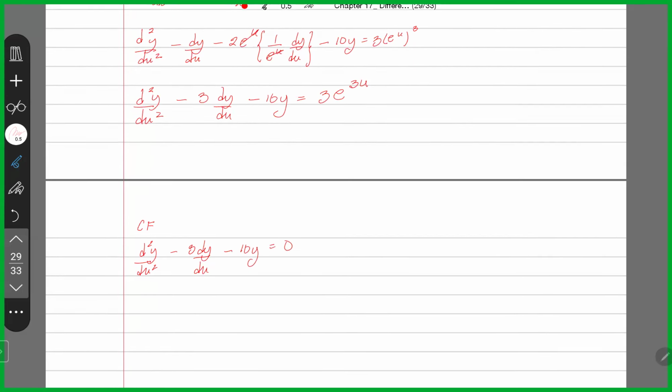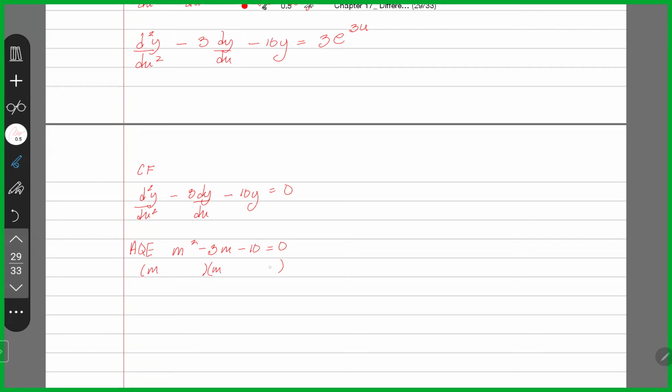Now, to solve this, we need the auxiliary quadratic equation, which would be m squared minus 3m minus 10 is equal to 0. I think this can be factorized to m minus 5, m plus 2 is equal to 0. So m plus 2 is equal to 0, m minus 5 is equal to 0, and so m is equal to minus 2, or m is equal to 5.